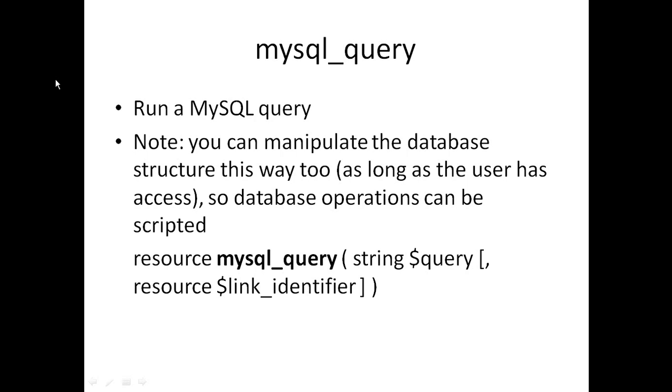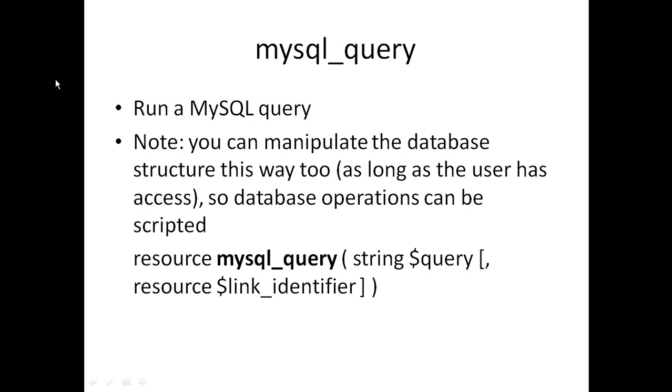If you're creating tables, you can do that through here as well. A lot of times you'll be doing inserts, updates, deletes, that kind of thing. If you actually do table manipulations like creates and alters and drops, you can do that too. Any type of MySQL query, you can pass through mysql_query.